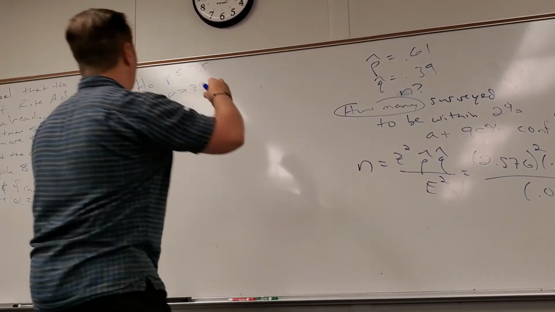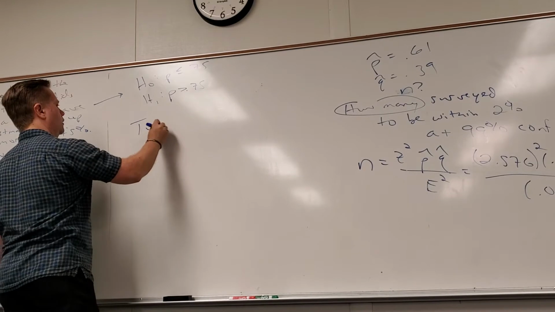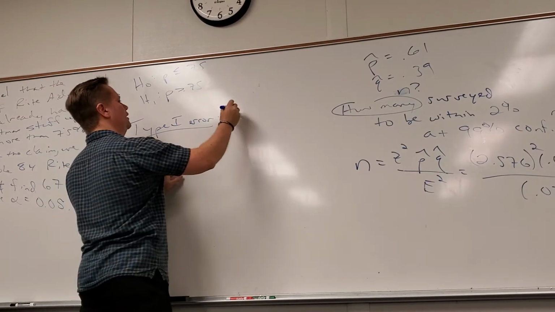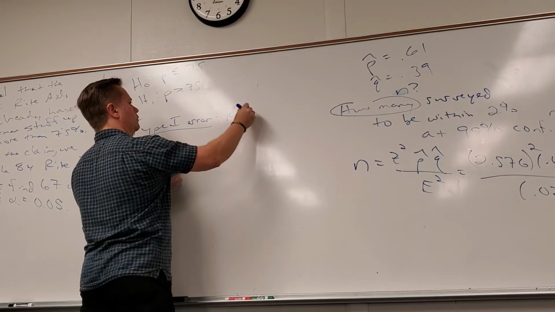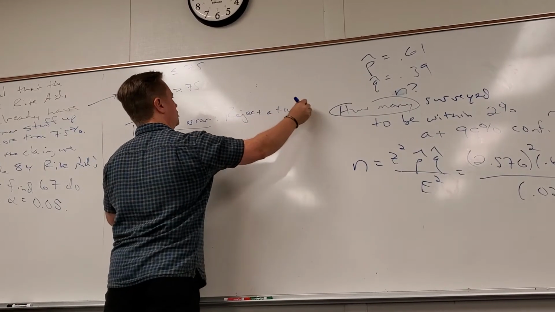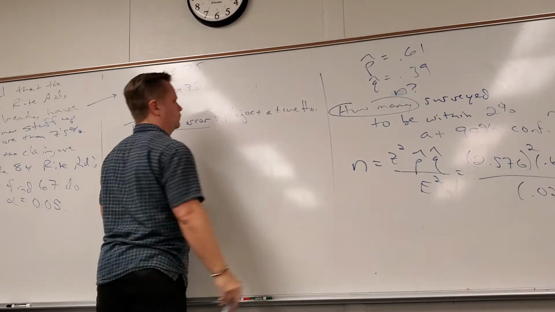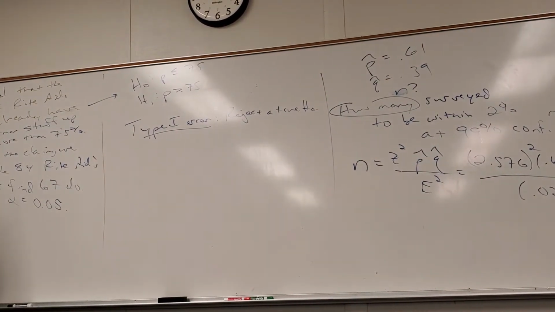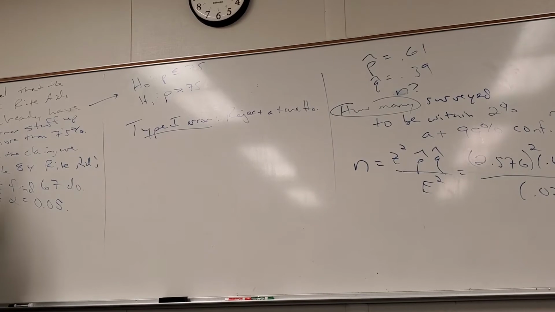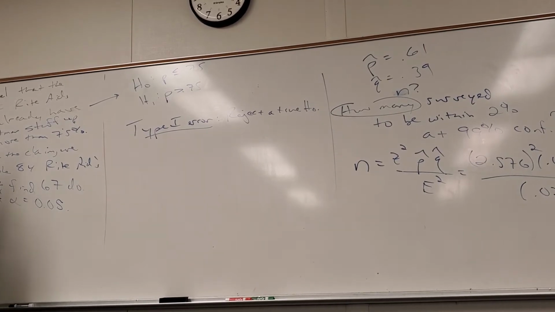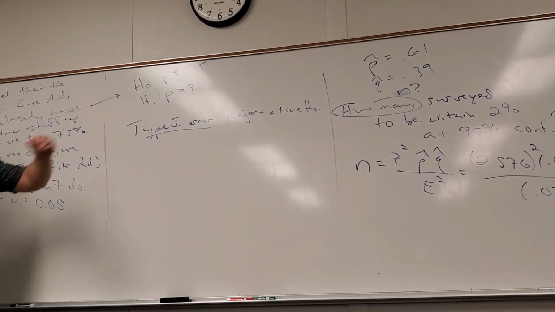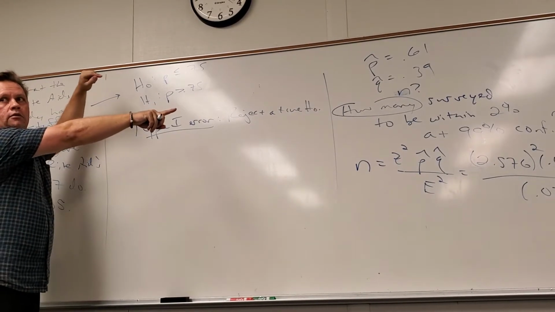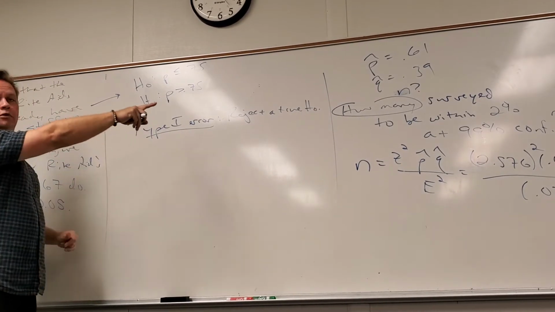So a type 1 error definition is reject a true null. So there's a lot of different ways to interpret this, but I kind of like to do what's the reality in this case? So we rejected it, but what's the reality?